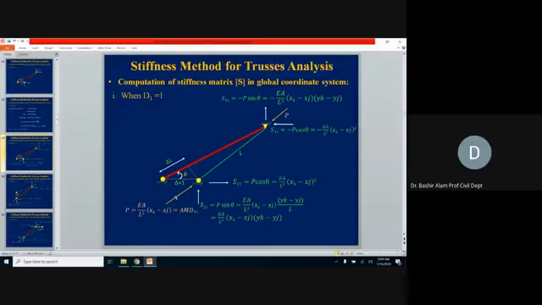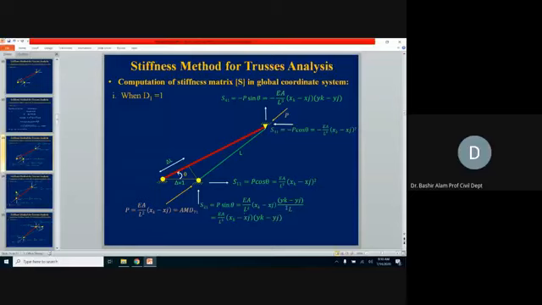The vertical component of this diagonal will become equal to S21, and it will be P sine theta, the vertical component I'm talking about, which is shown here. So P sine theta, and P is EA over L square times XK minus XJ, the value of P which we found in the previous slide. And sine theta is YK minus YJ divided by L. So here it is EA over L cube times XK minus XJ times YK minus YJ.